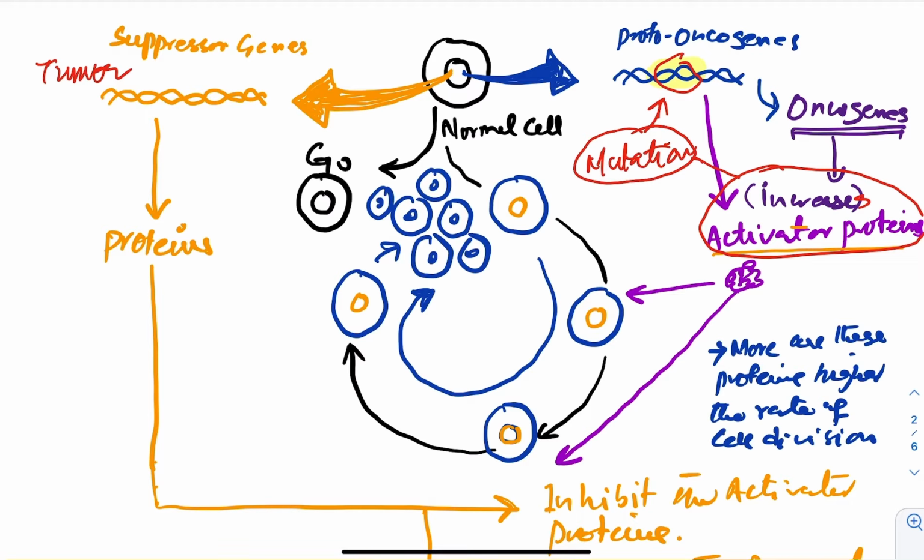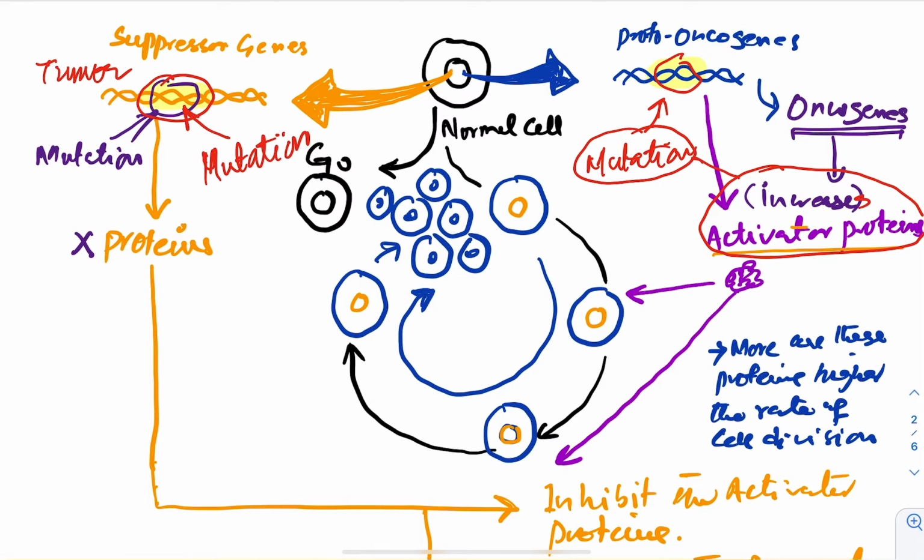Similarly, if there are any mutations in these suppressor genes, these proteins are not synthesized. If there is a mutation here, this protein is not synthesized, and so the activated proteins are not inhibited.